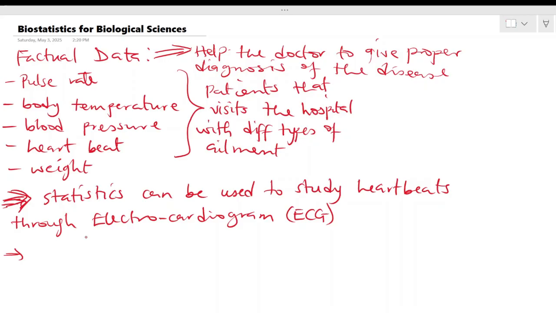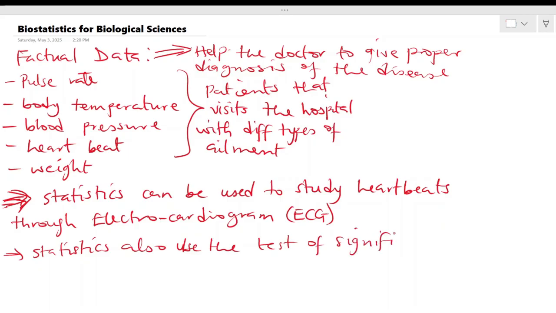The test of significance. And that is more precisely referred to as what? Your student's t-test.